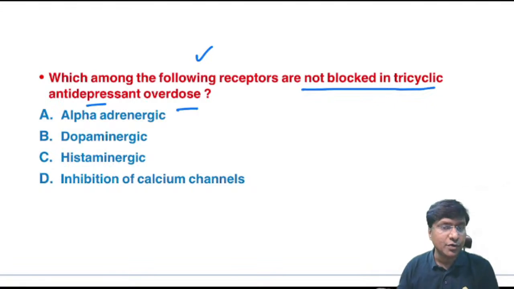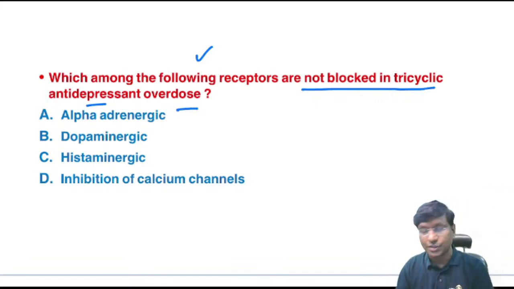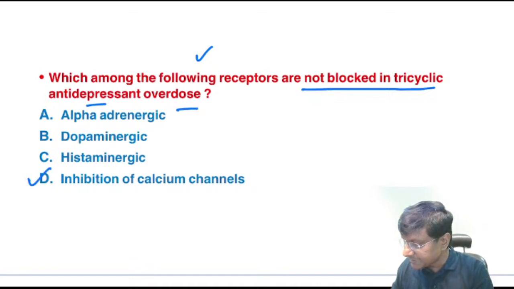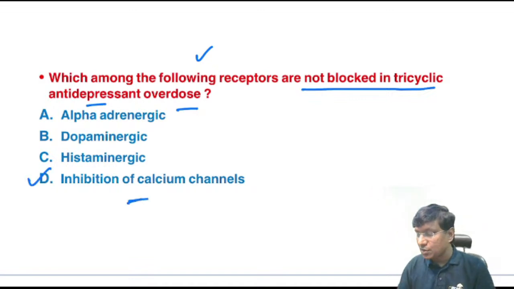Which of the following receptors or channels are not being blocked in case of tricyclic antidepressant overdose? Now, what are your tricyclic antidepressants? Right, very good, Karthik. So tricyclic antidepressant overdose will not cause the inhibition of the calcium channels.